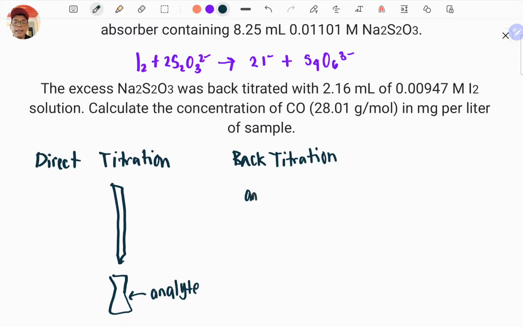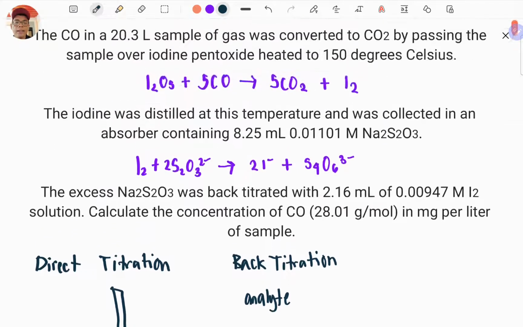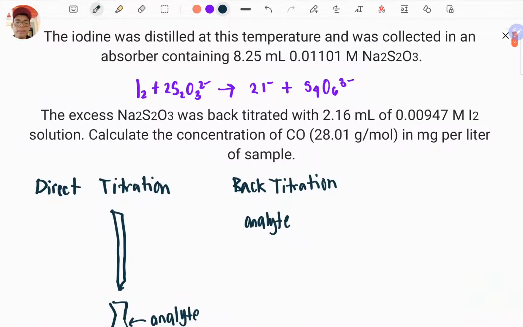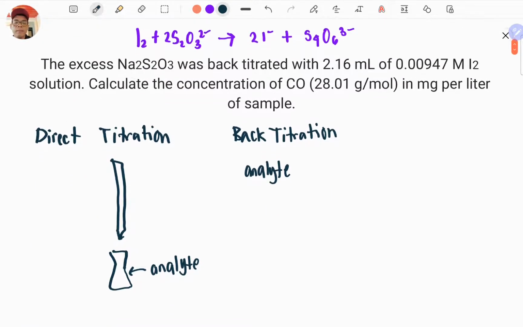So in a back titration, our analyte is carbon monoxide, but we are actually measuring iodine. Our analyte is made to react with a reagent. The excess of the reagent is then measured.